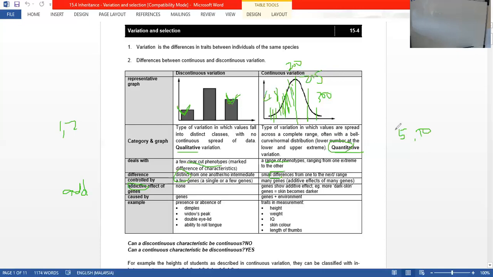Because this phenotype is affected by many genes, say this is gene 1, gene 2, gene 3, gene 4, gene 5. If this is tall, tall, tall, tall, tall, this person will be very tall, because all the tall add up to give you very tall.